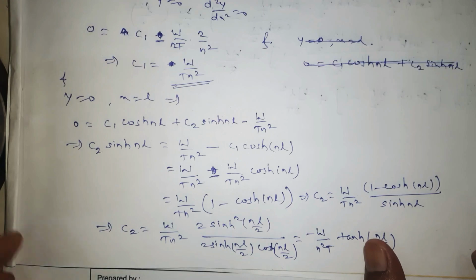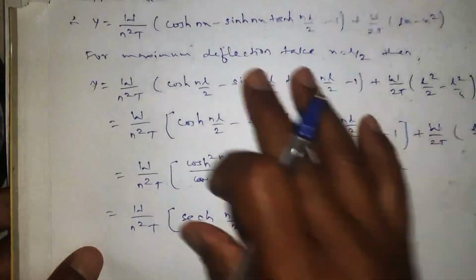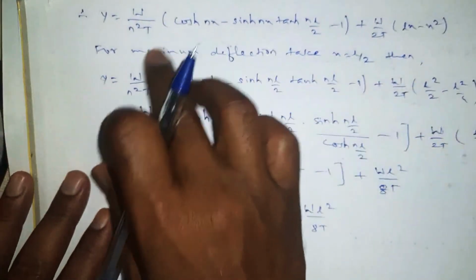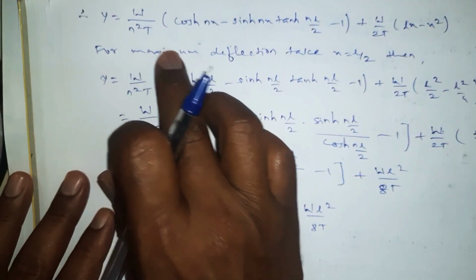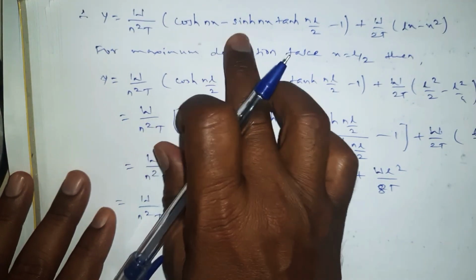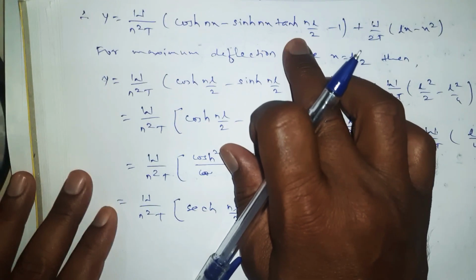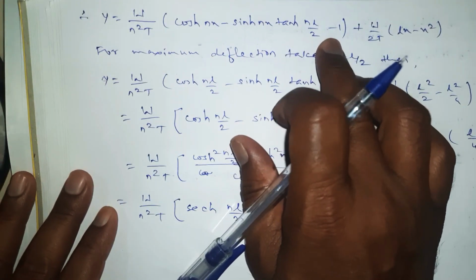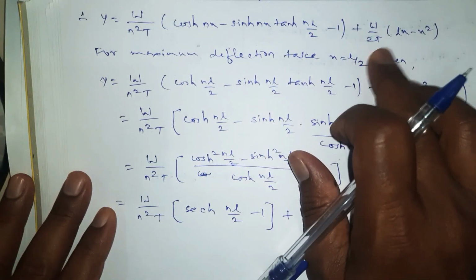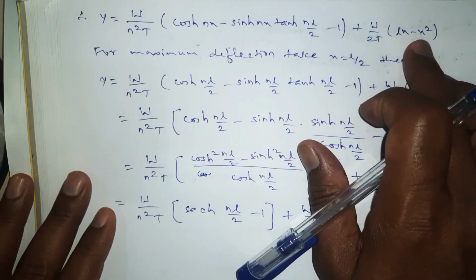Now put c1 and c2 in your y, we get the value of y is w upon n square t, cos h nx minus sin h nx into tan h nL upon 2, minus 1, plus w upon 2t into (Lx minus x square), right?